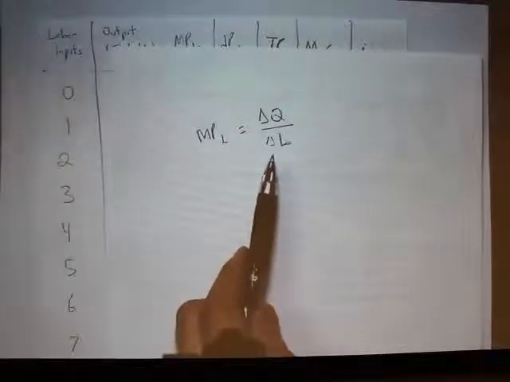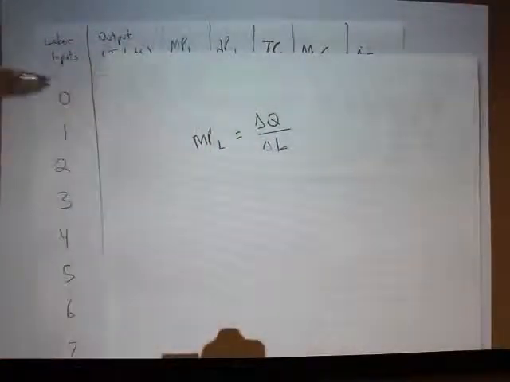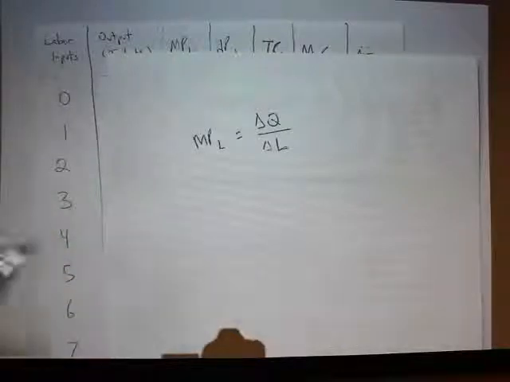So you can just think about this as the change in Q over 1 if we're going from 0 to 1, 1 to 2, and so on. Sometimes we might go from 0 to 1 and 1 to 3 or whatever. So that's why this might not always be 1, but in this case it will be.